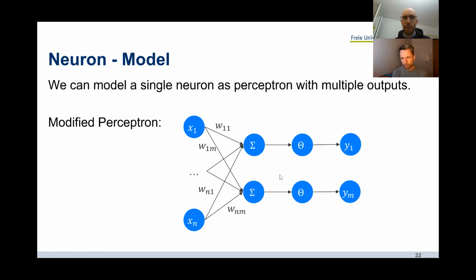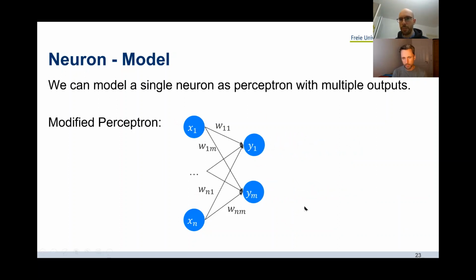So instead of writing down the sum and the theta, since we are going to have this repeated expression anyway for all our yi's, we can just collapse this, and then we have this representation for the output.